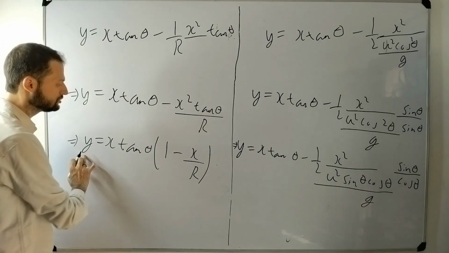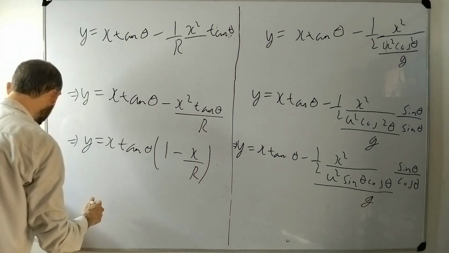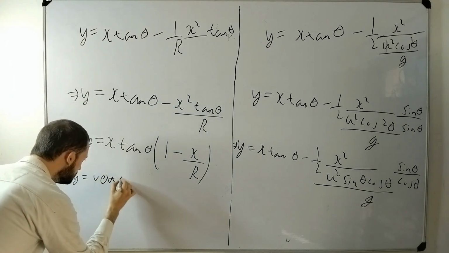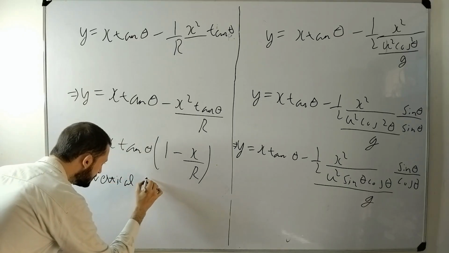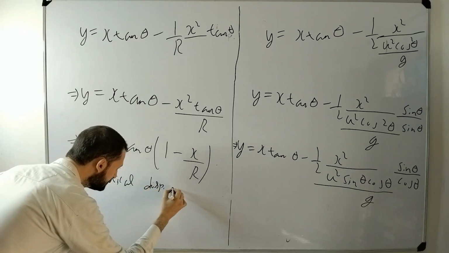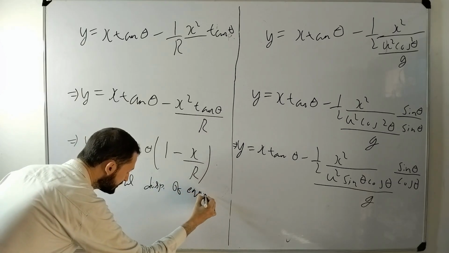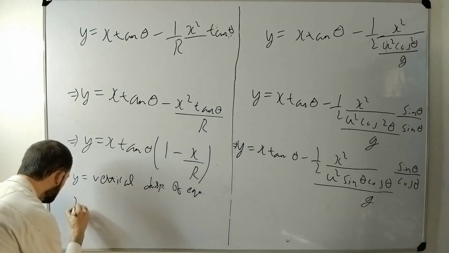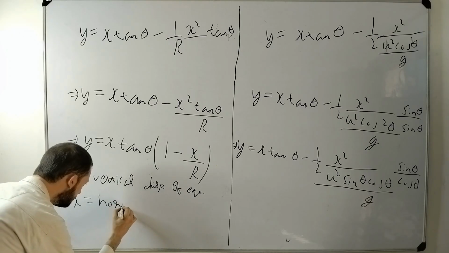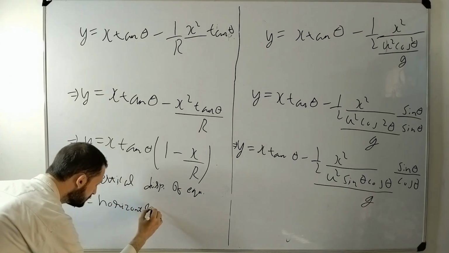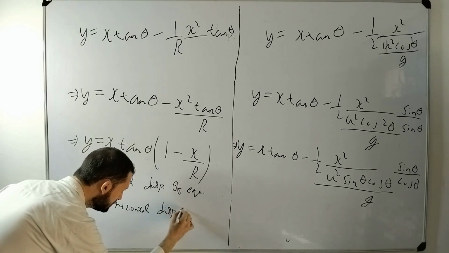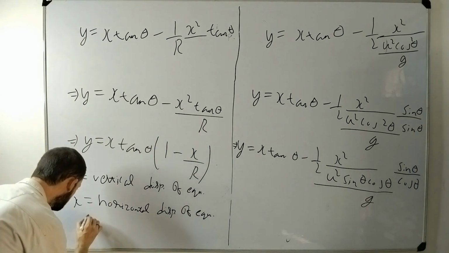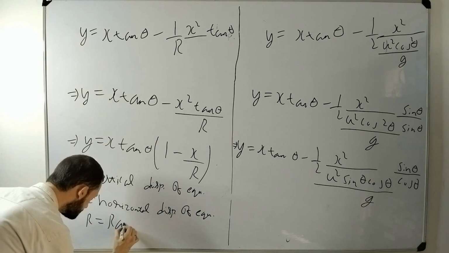So certain points I want to note about this: y is the vertical displacement in the equation of trajectory, x is the horizontal displacement, and R is the complete range.